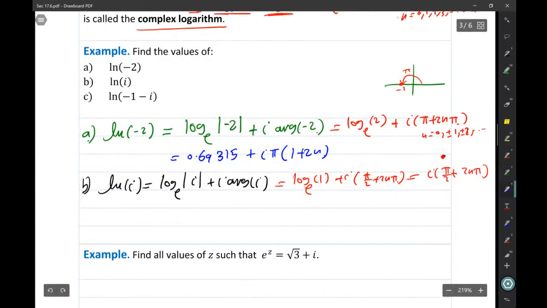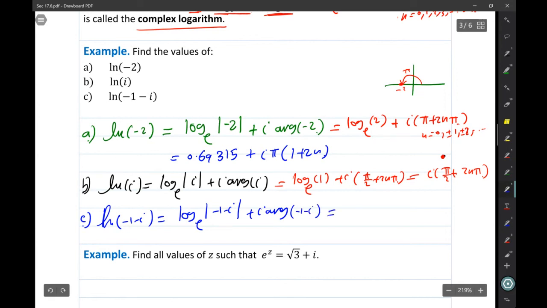Okay, part C. Ln of -1 minus i is equal to log of the absolute value of -1 minus i with base e, plus i times the argument of -1 minus i.